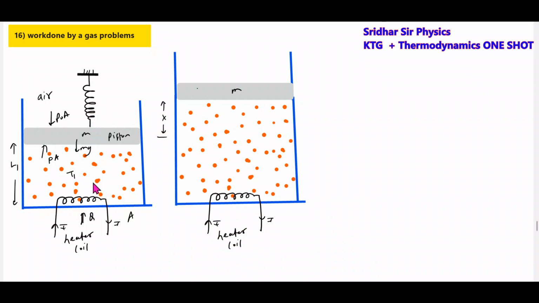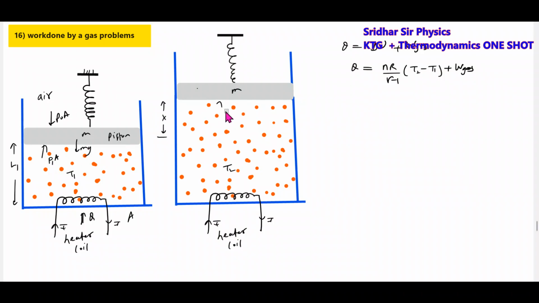Now, as I supply heat, the gas will expand. You can see here that the piston started moving up. Then the heat supplied equals the increase in internal energy plus the work done by the gas. What is the increase in internal energy? nR by gamma minus 1 times T2 minus T1. This is the work done by the gas. What do you mean by work done by the gas? Here, the pressure force, earlier it was balancing say P1.